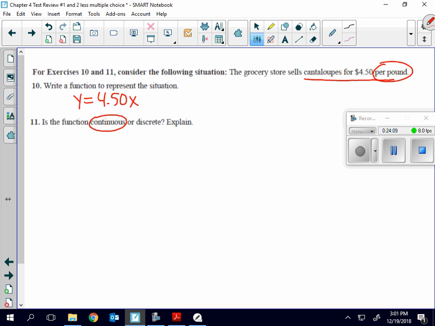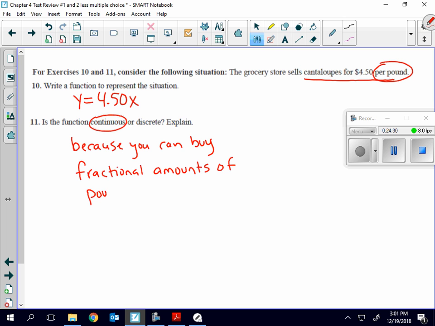Okay, so we're going to say continuous because you can buy fractional amounts of pounds of cantaloupe.